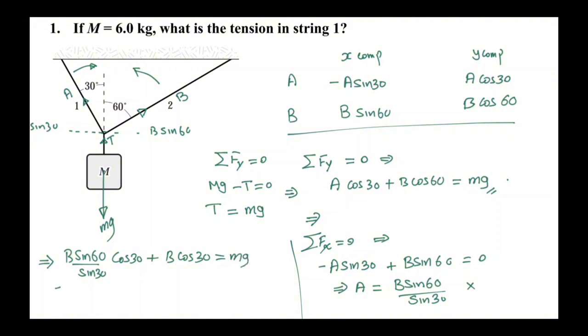You simplify this one, you will find B times 1.49 plus 0.5 is equal to 60, or B in this case equal to 30.15 newtons. You substitute B back in this one, you will find A equal to 52.1 newtons.